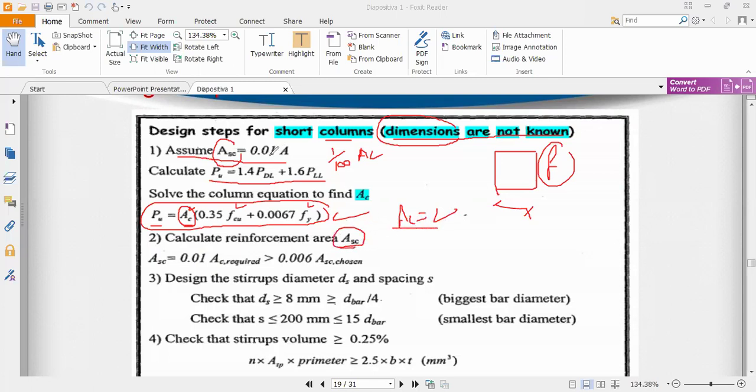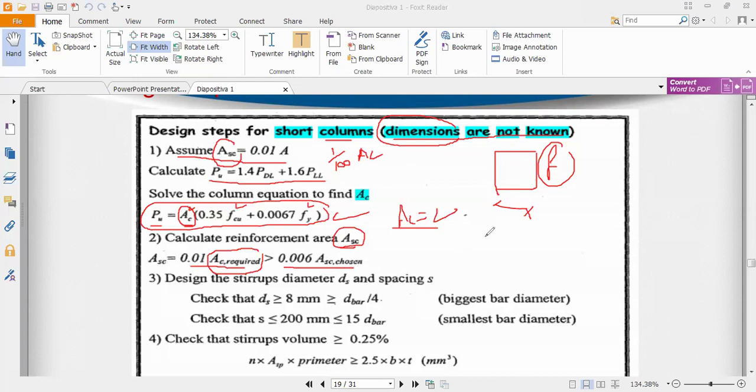Area steel is 0.01 area C. This area C is called area C required. We have a condition: this value should be bigger than 0.006 area C chosen. Area C chosen.